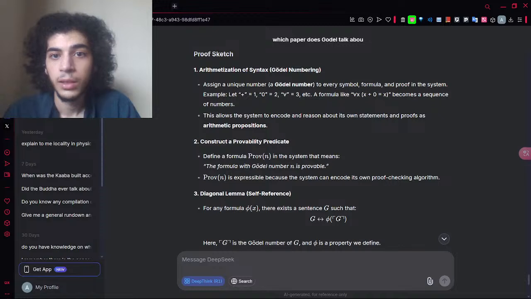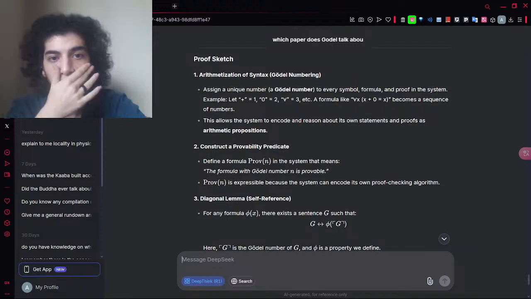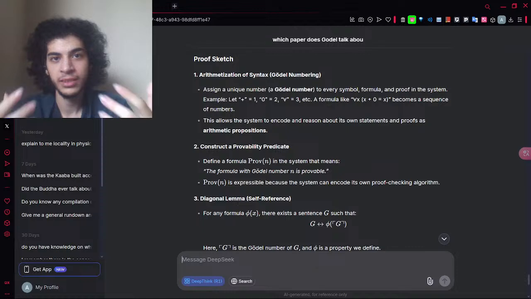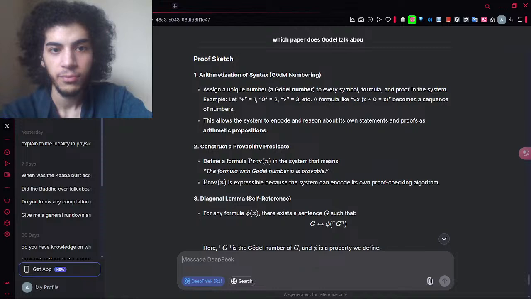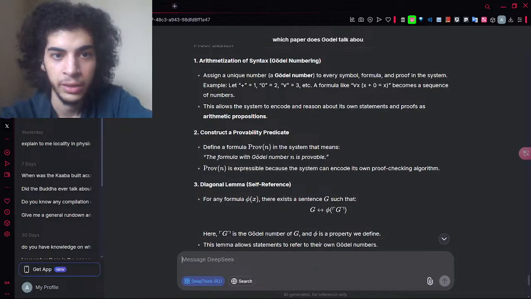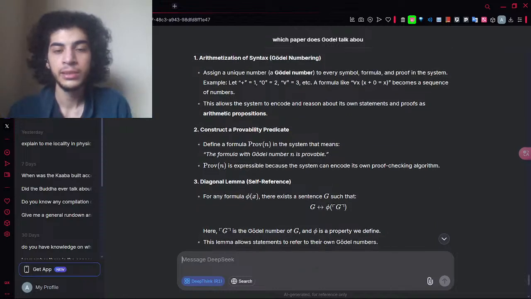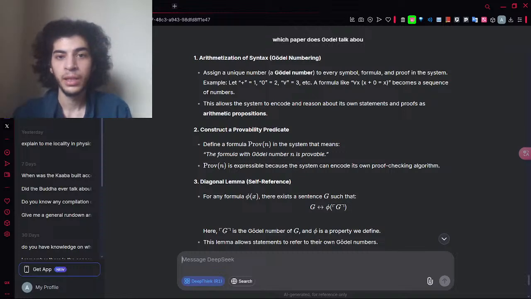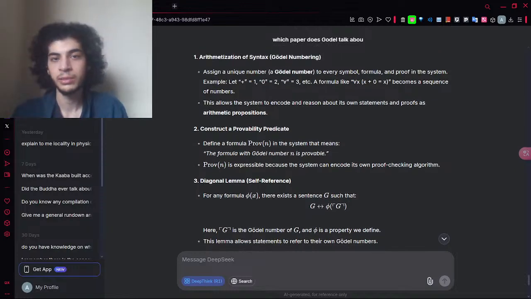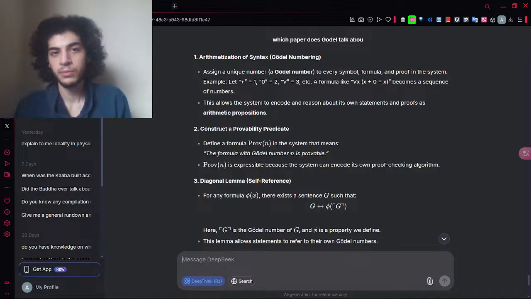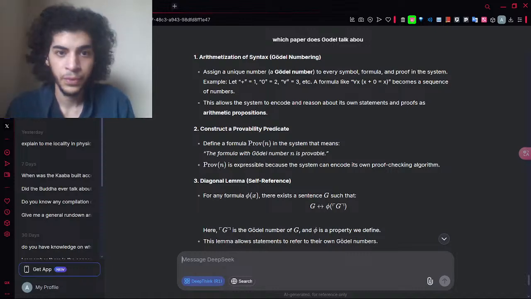We give a value to every combination that a system uses to make any statement, as far as I understand is what that means. This allows the system to encode and reason about its own statements and proofs as arithmetic propositions. Okay, so rather than using symbols and formulas, we're just going to use numbers.